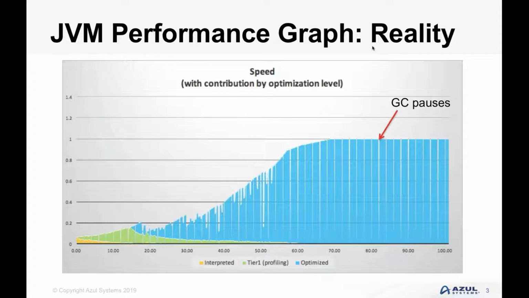So garbage collection is the other part of what the JVM does mostly, and at certain points we need to reclaim the space that's being used by objects that are no longer referenceable, and then make that available so that we can create new objects. So we see these dips in performance. So this is the reality of the graph, and what we need to do is to change that to make it more like our perfect graph.